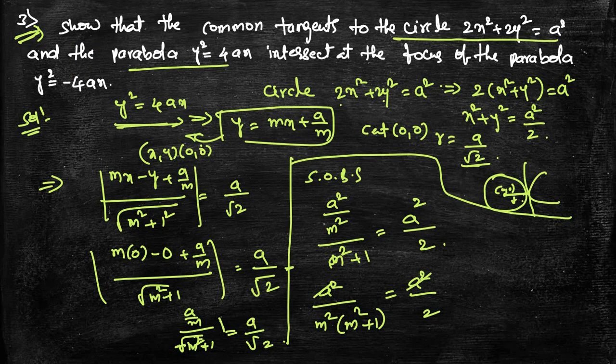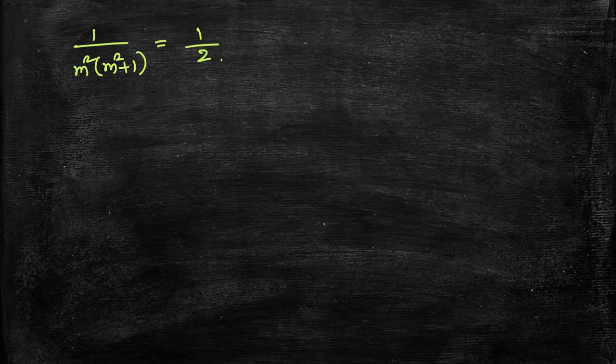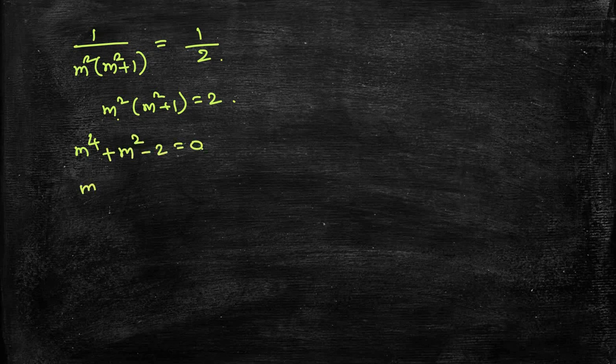So on cross multiplication, m square into m square plus 1 is equal to 2. So this is m power of 4 plus m square minus 2 is equal to 0. So m power of 4 plus 2m square minus m square minus 2 is equal to 0.